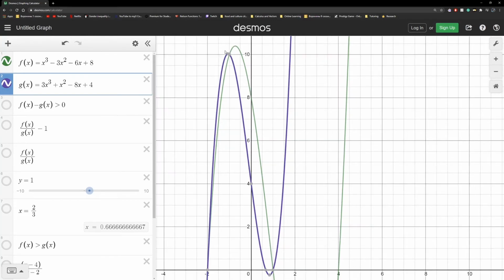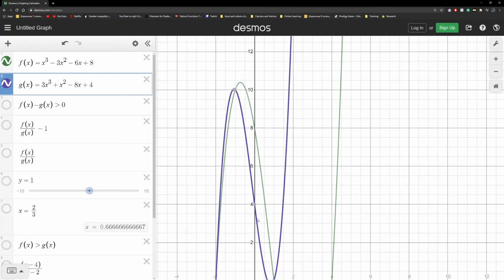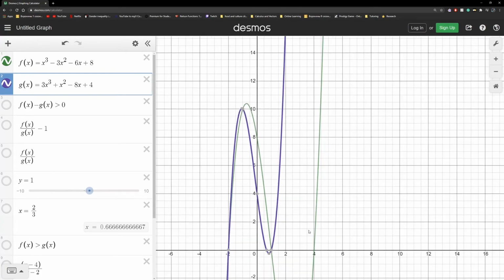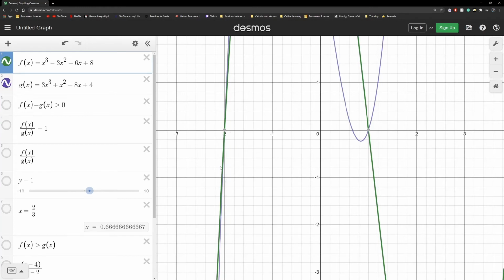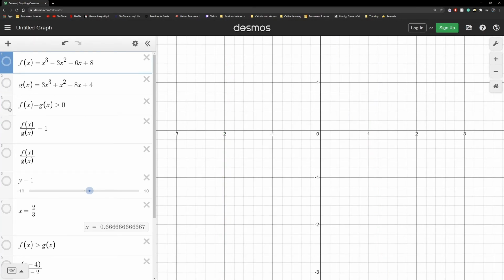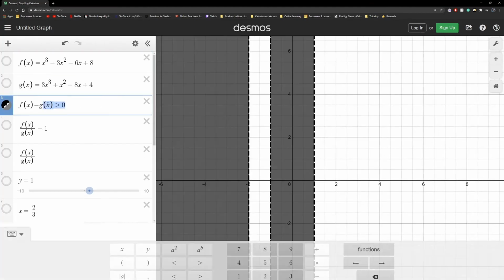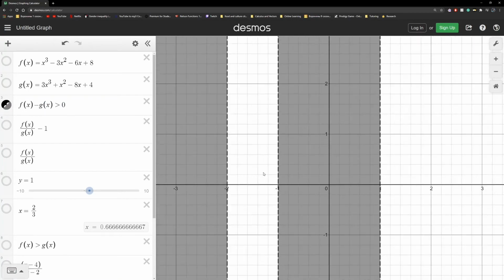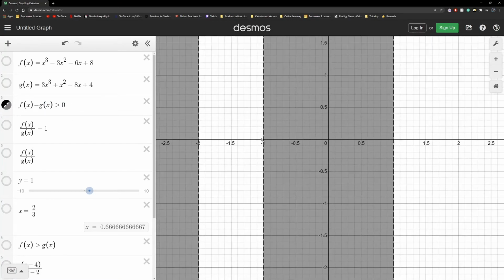Like here, it's greater than between these two regions, and then it is also greater below the axis at -2. Again, pretty hard to see without the use of a different method. So here you go. F of x minus g of x gets us this beautiful explanation here between -1 and 1 and -2 and -infinity.